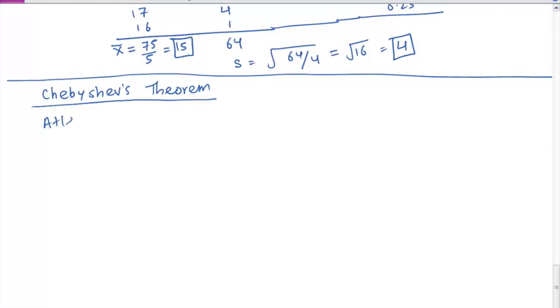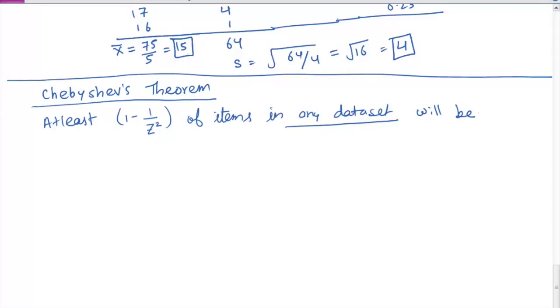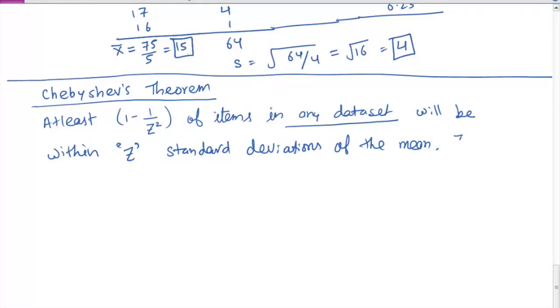It says at least 1 minus 1 over z square of items in any data set will be within z standard deviations of the mean. The only condition is that z has to be more than 1.